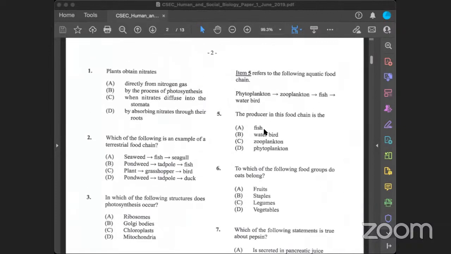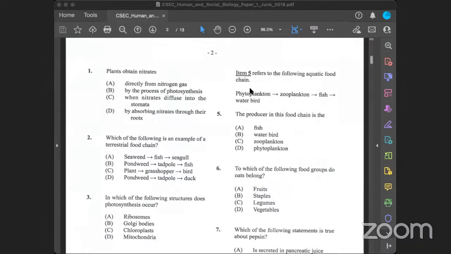Question 5. The producer in the food chain is phytoplankton.